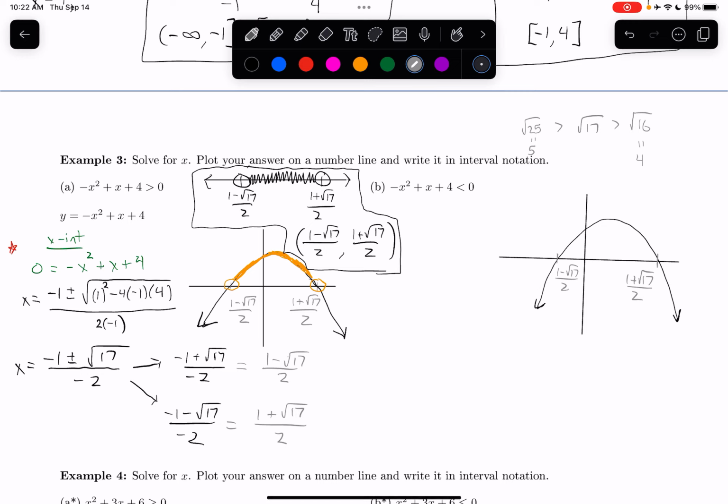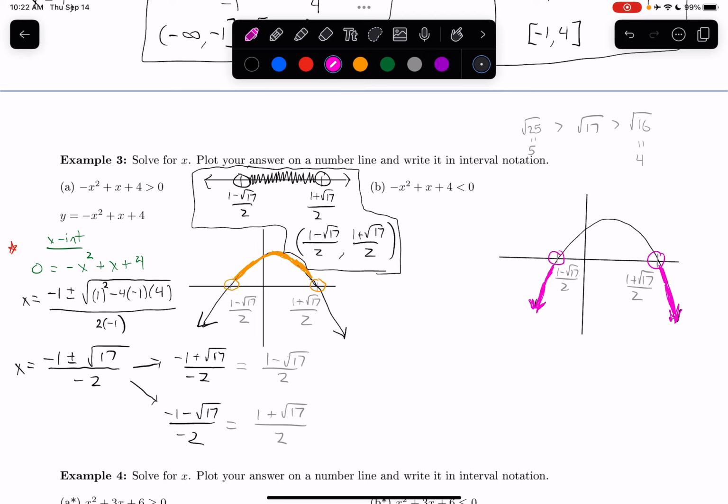But this time, I want my y values to be less than 0. Again, because there's no equal sign, there's going to be open circles at these x-intercepts. That's where the y value equals 0, but that's not allowed with this inequality. But now I want to shade in the places where the y values are negative. That's these parts of the graph where it's below the x-axis, and also here, where it's below the x-axis, negative y values.